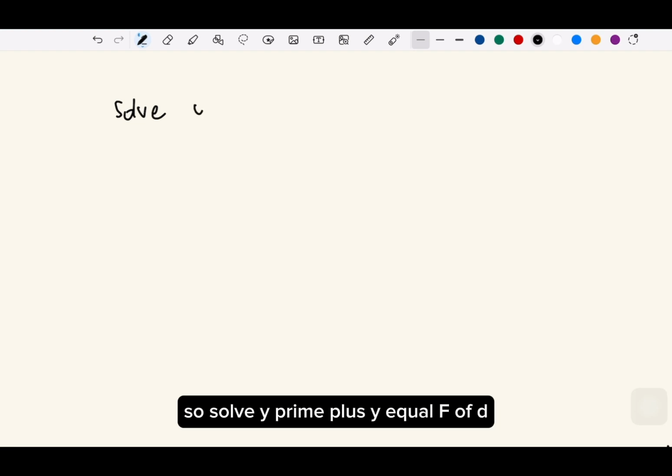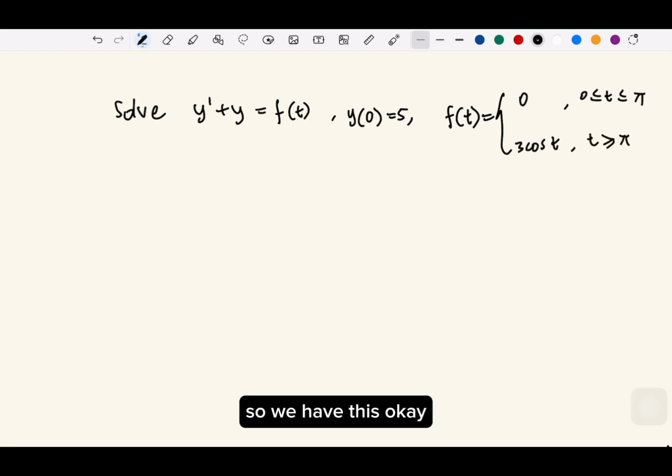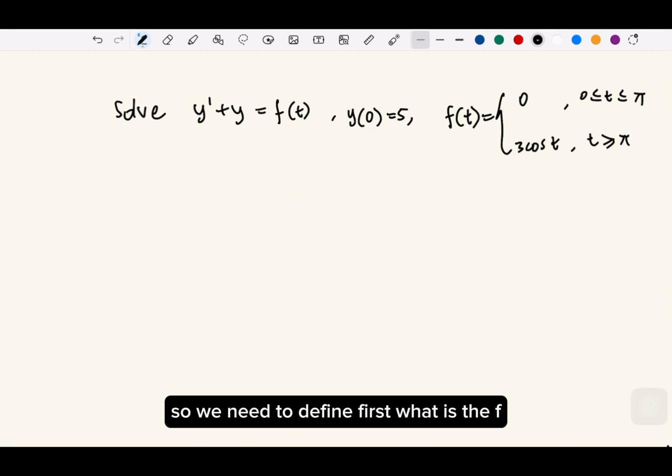So solve y prime plus y equals f of t. So we have this, okay? So the f itself is a piecewise of 0 and another function of cosine. So we need to define first what is the f, okay?